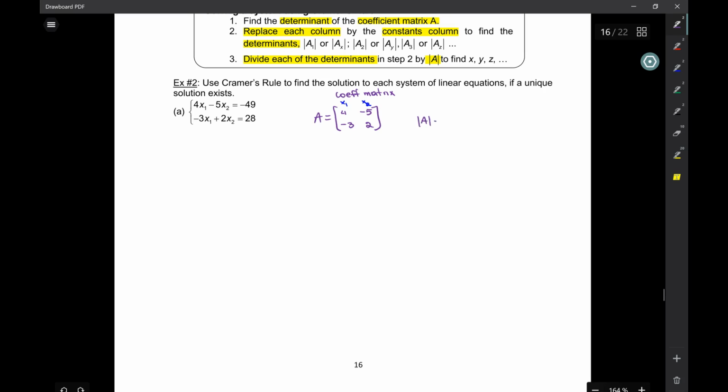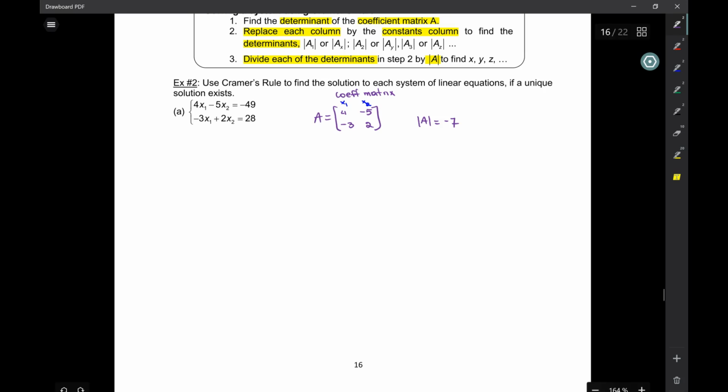Okay, now go ahead and find the determinant of A. Anybody? -7. Okay. Should we do it together?